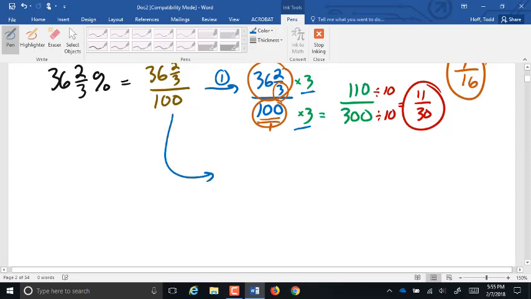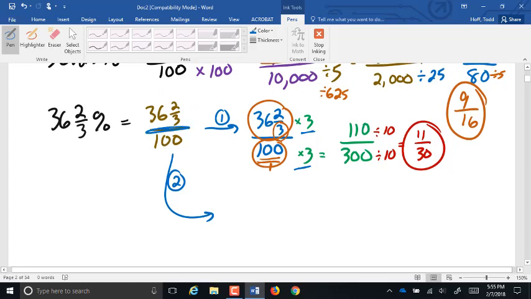Another option that might take a little more work, but is a little more obvious, is that any fraction can be treated as a division problem. So we can treat 36 2/3 over 100 as 36 2/3 divided by 100. Now to make that work, we make 100 a fraction by putting it over 1.